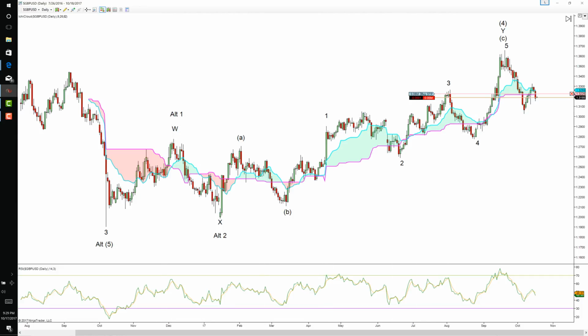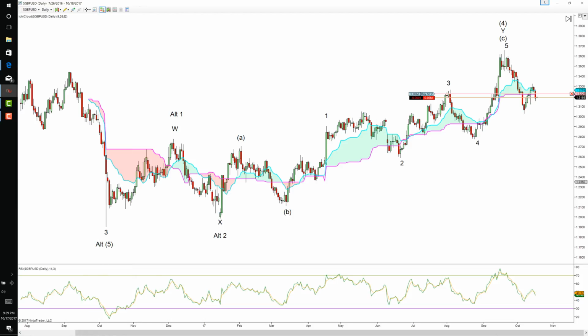As an alternate count, it would actually be that the wave 5 ended right here, and now you can count this entire move up as wave 1 of a larger degree.